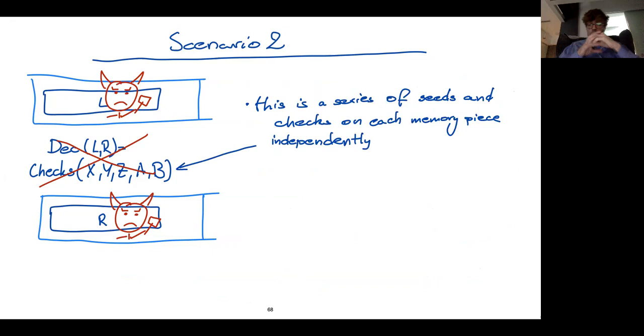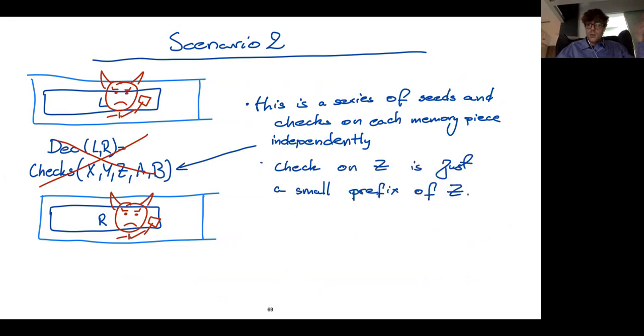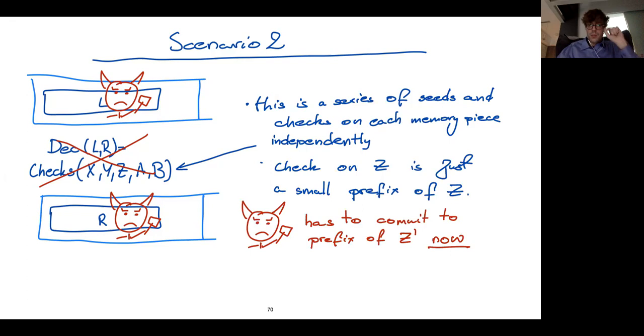So what are the checks? It's a series of seeds and checks on each memory piece independently. So it's a seed and check on X, seed and check on Y, seed and check on A, seed and check on B. And what's the check on Z, which will be quite crucial here? It's just a small prefix of Z. Now, the problem is that the adversary has to commit to the small prefix of Z right now.